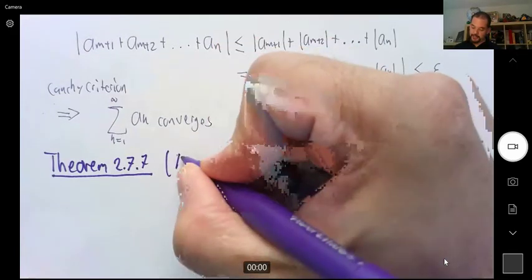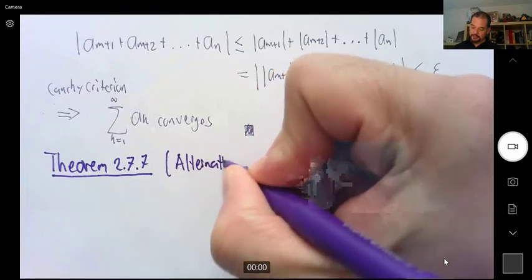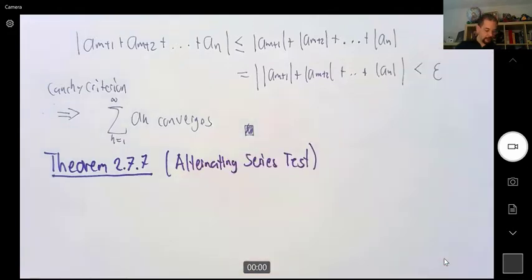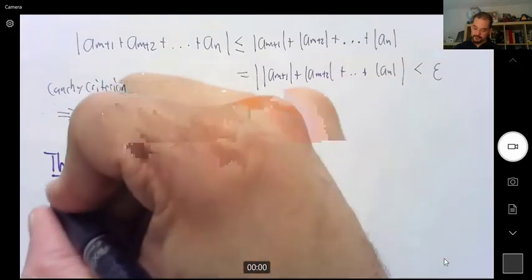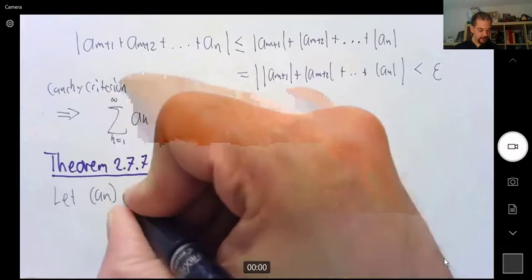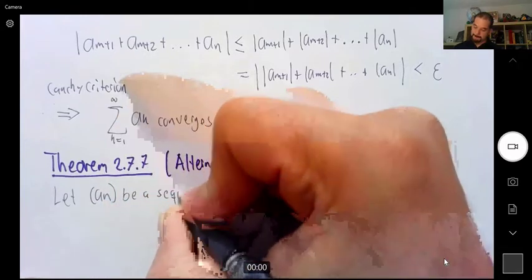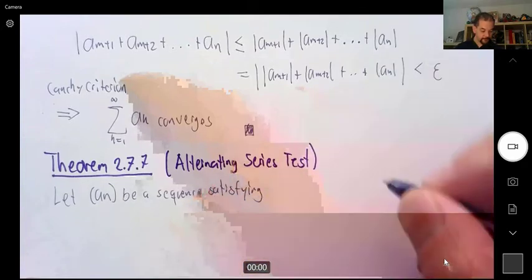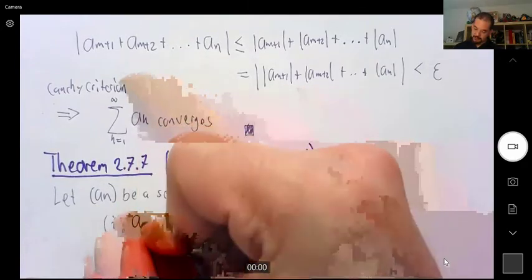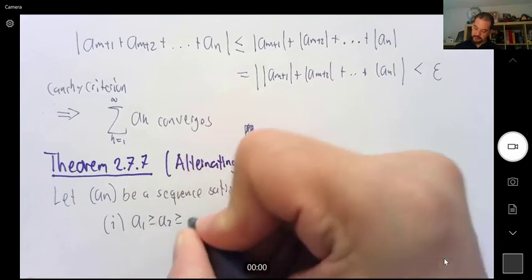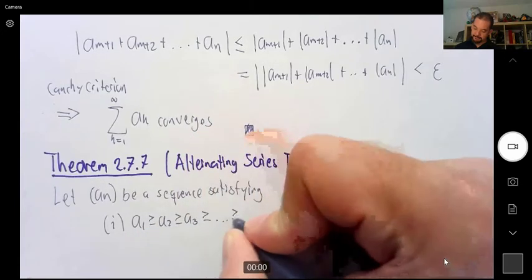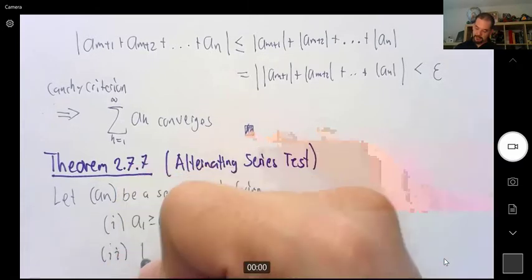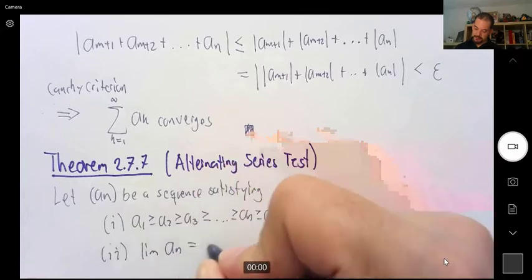It's called the alternating series test. You've seen this one before in calculus, and this is what it says. We have a sequence that is decreasing, so it satisfies that a_1 is greater than or equal to a_2, greater than or equal to a_3, etc. So it goes down, and two, the limit of the terms is 0.